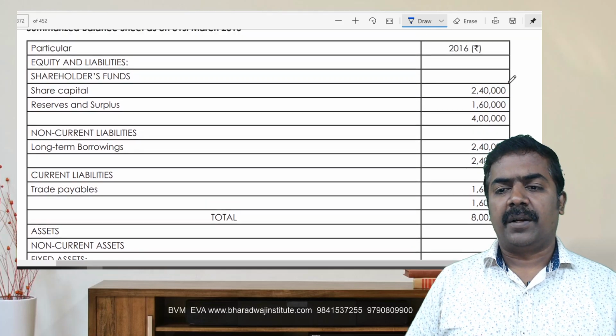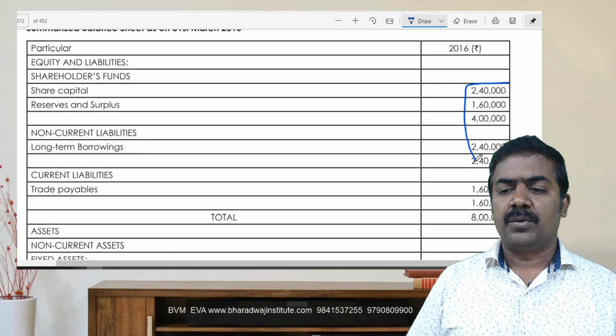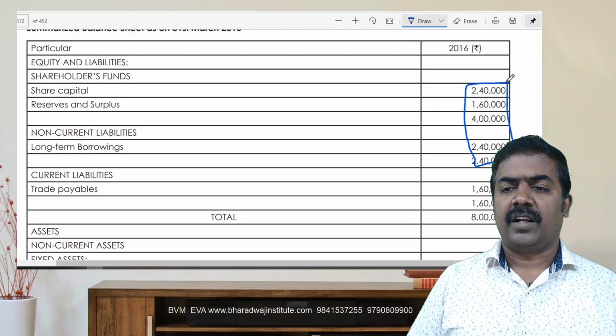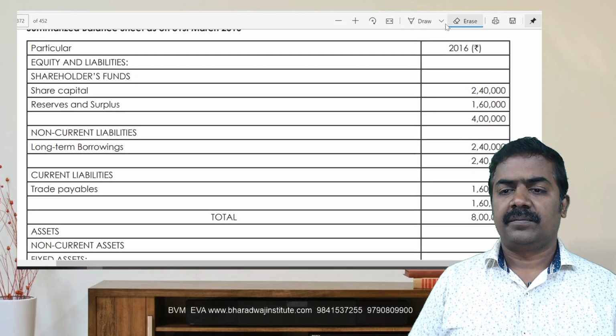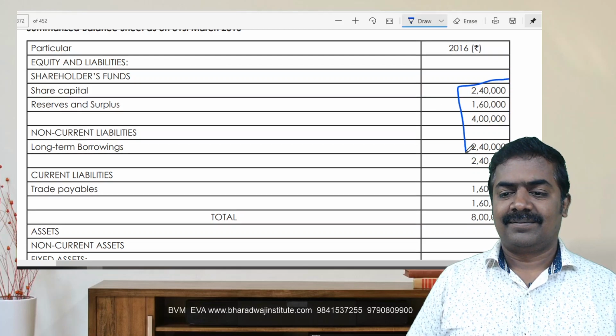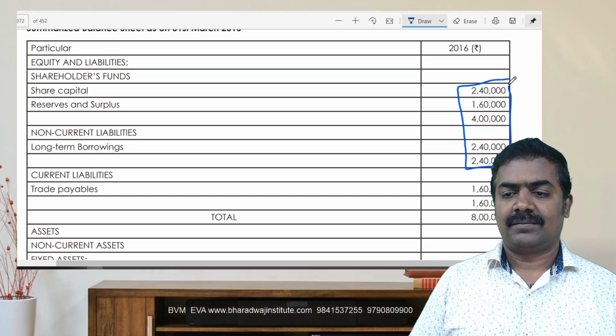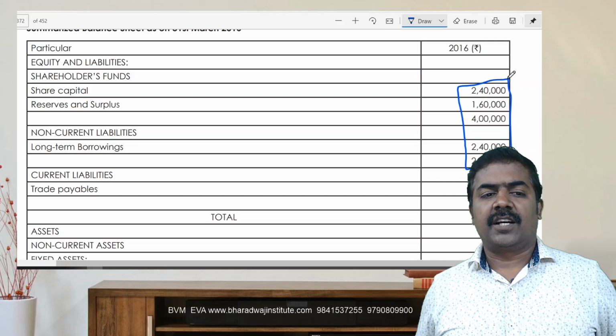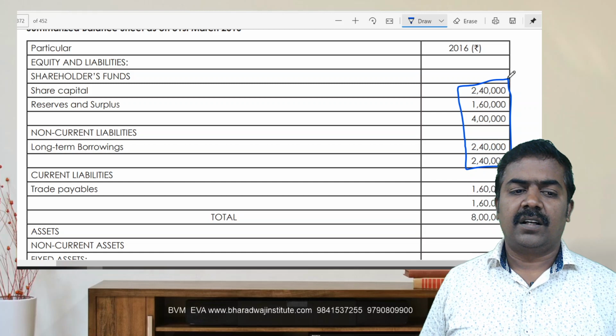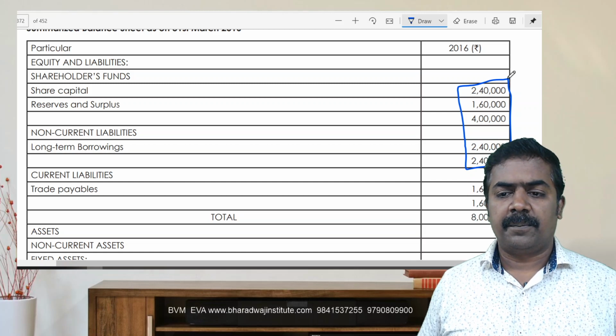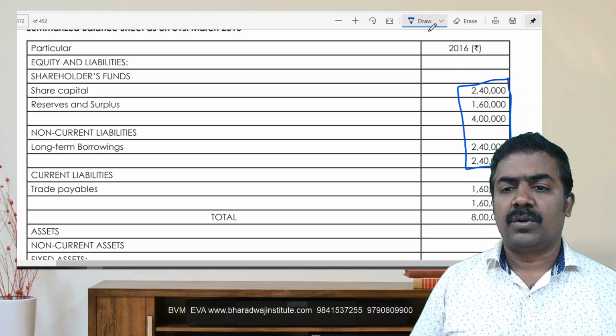So how to find out capital employed? You can go with the liability route. You can add up equity share capital, reserves and surplus, and long-term borrowings. I hope they have given the total.